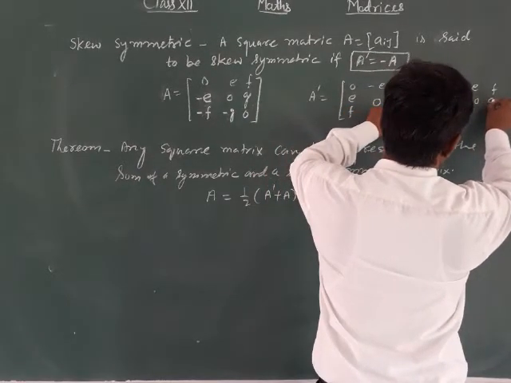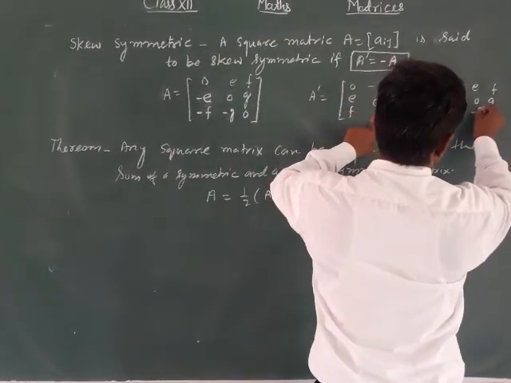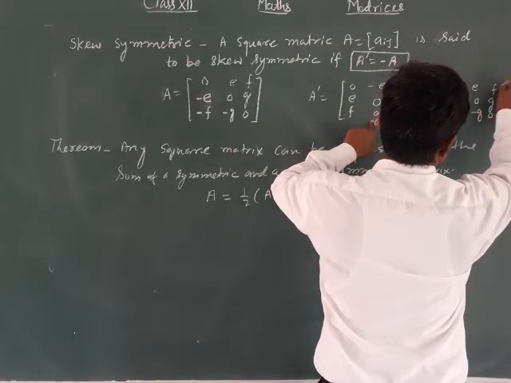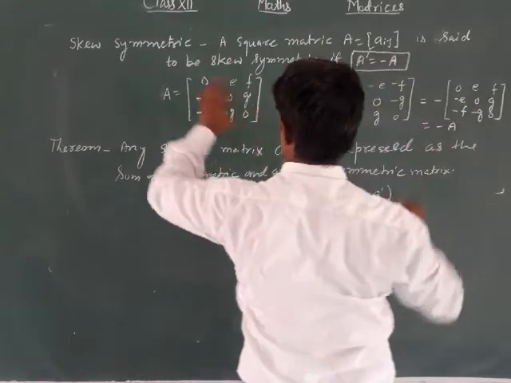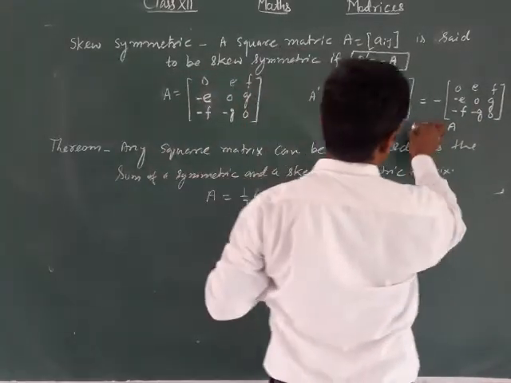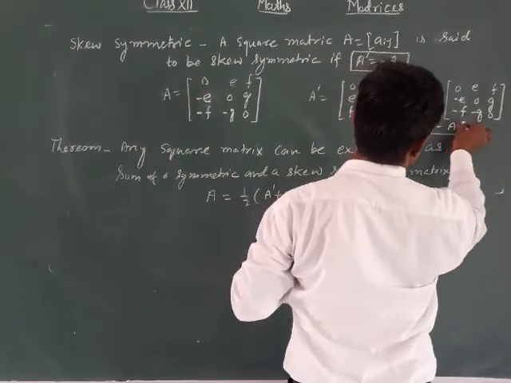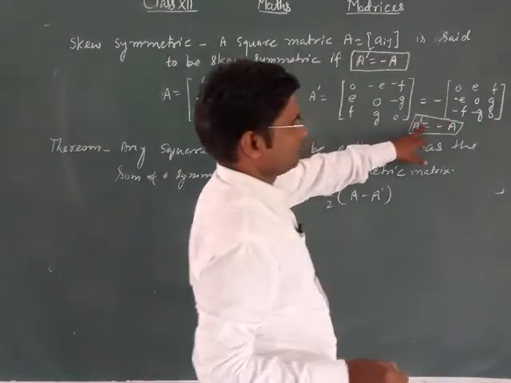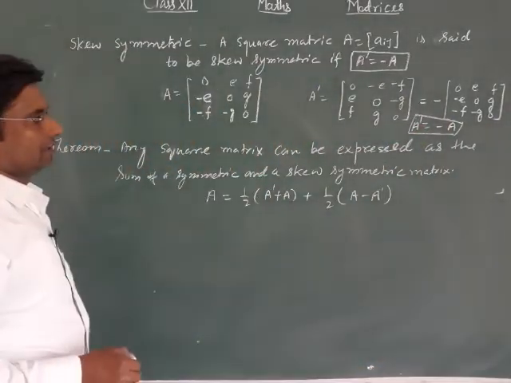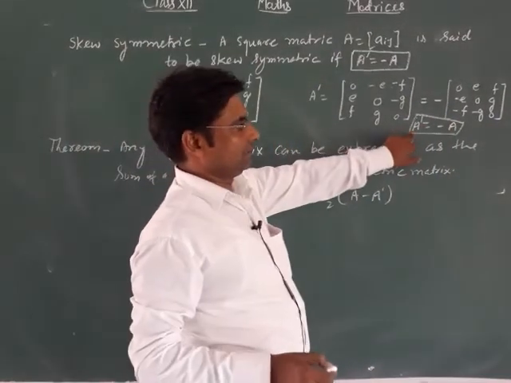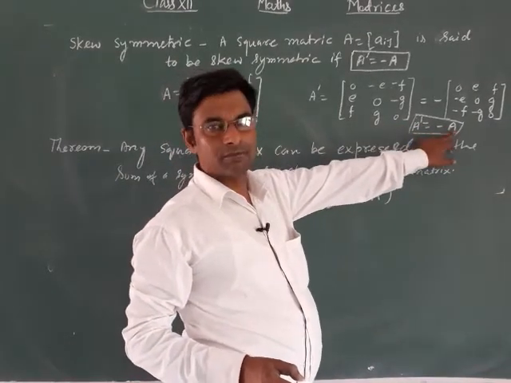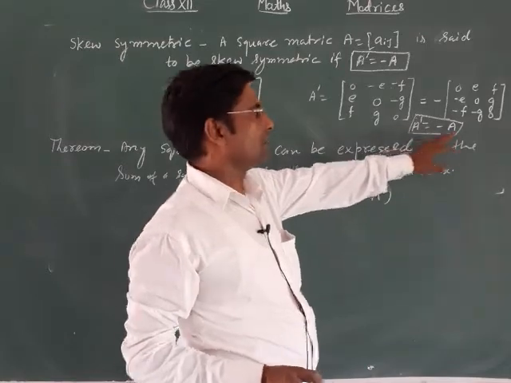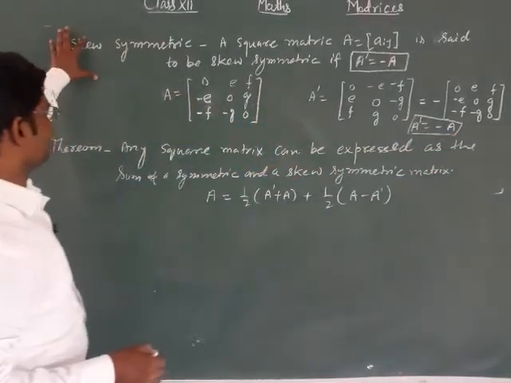So positive becomes negative and 0 stays 0. So now this is minus A, so A dash is equal to minus A. This is skew symmetric. The transpose of the given matrix is equal to the negative matrix of A.